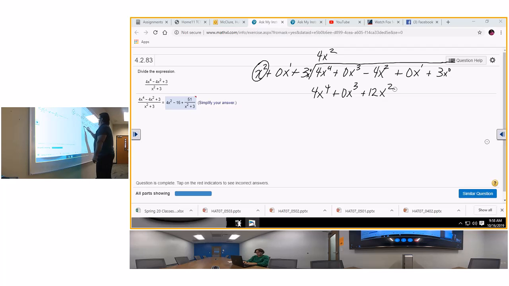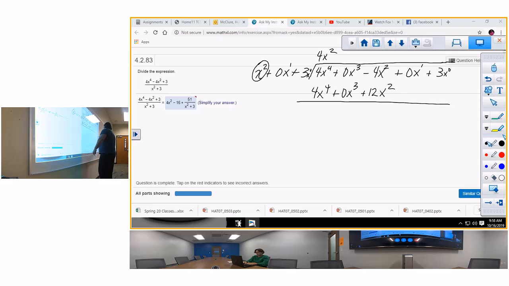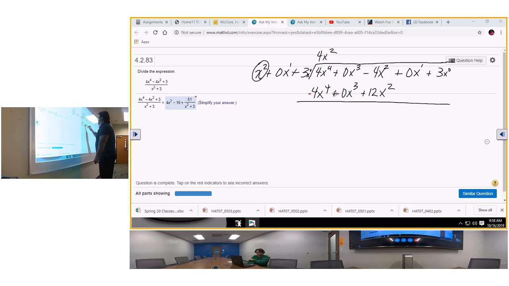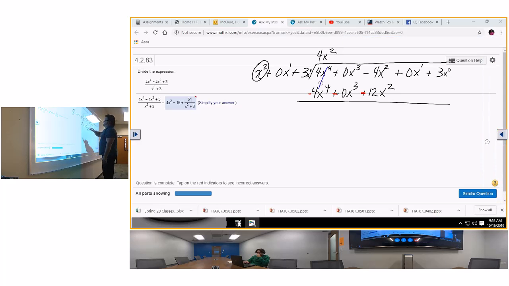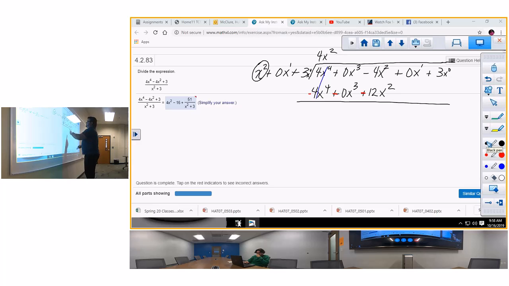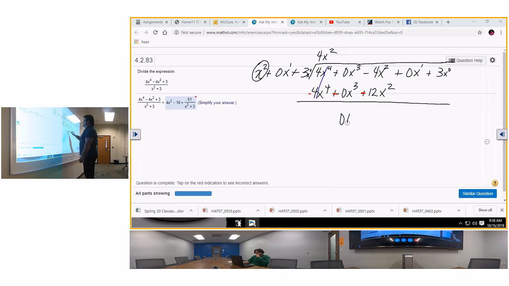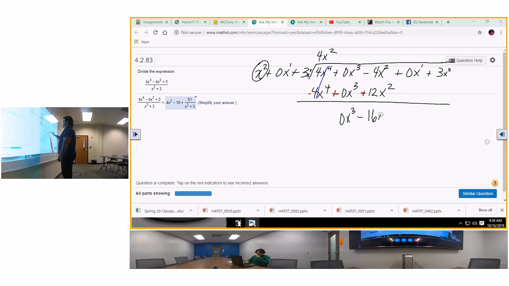Now I'm going to take my red marker and I'm going to distribute the negative that we subtract with. So I make a little negative there, a little negative there, and a little negative there. And what happens to that first column always? It always cancels. So that's going to leave 0x cubed minus 16x squared.